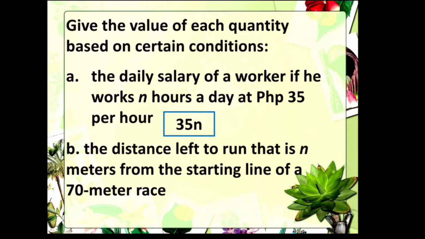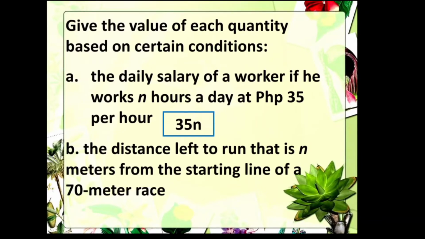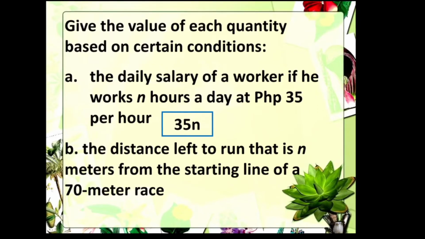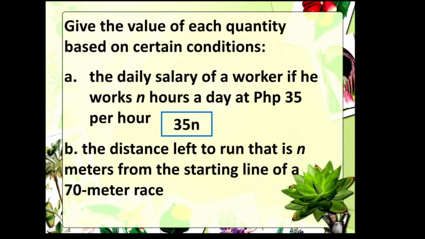Next, the distance left to run, that is n meters from the starting line of a 70-meter race. So, for you to make an algebraic expression in this condition, you have to put yourself in the situation.